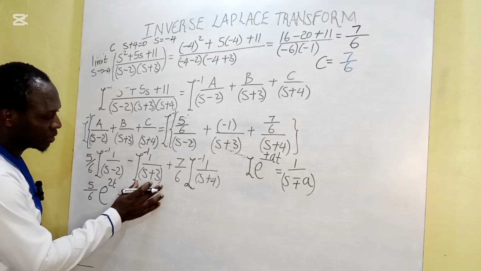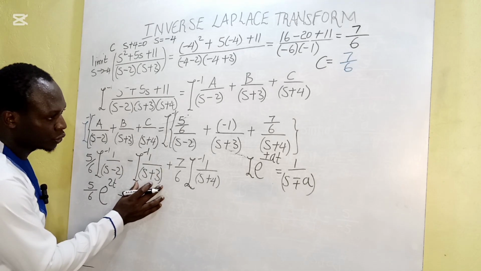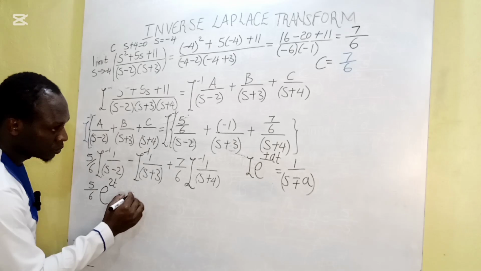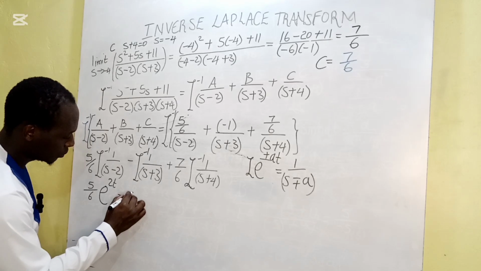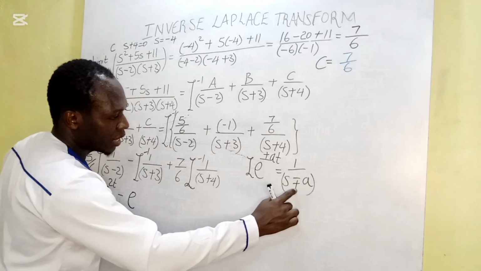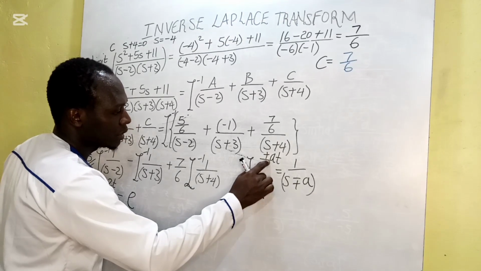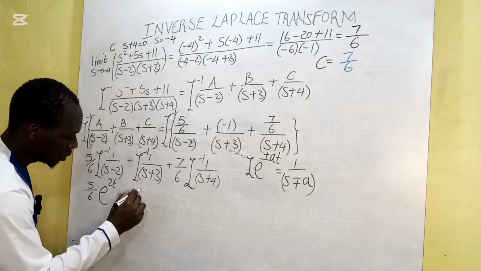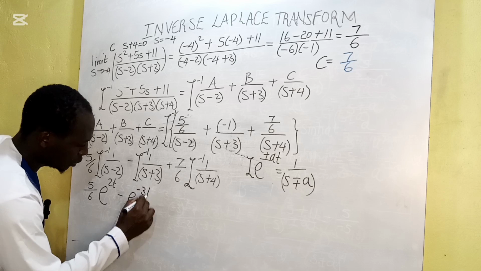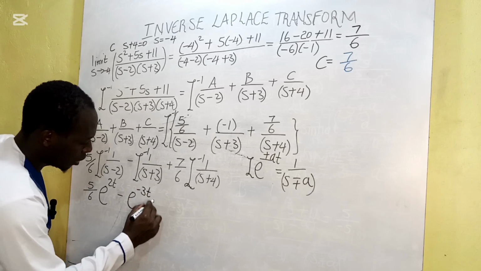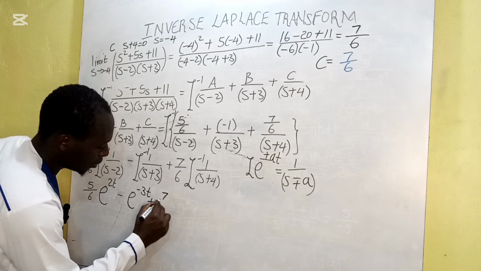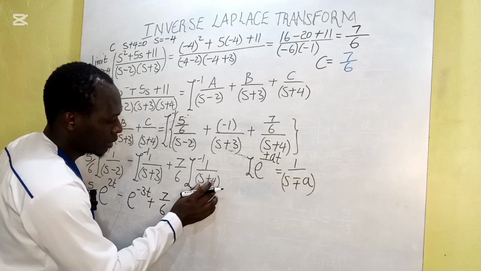the inverse Laplace transform of this function is going to be exponential. We are having a positive, to mean that we are going to take the negative of A, which is equal to 3. We come and add to 7 all over 6.